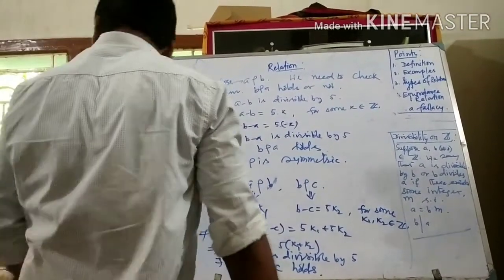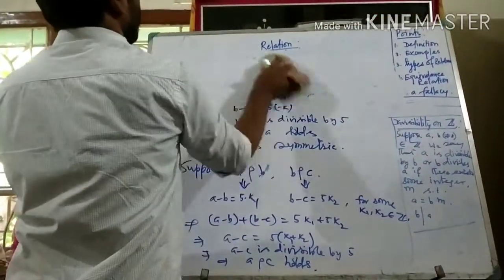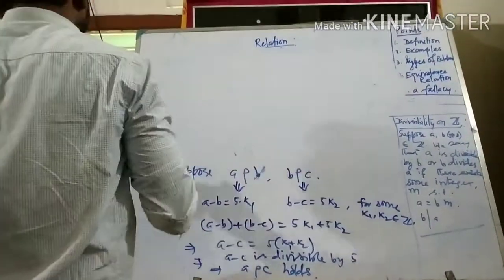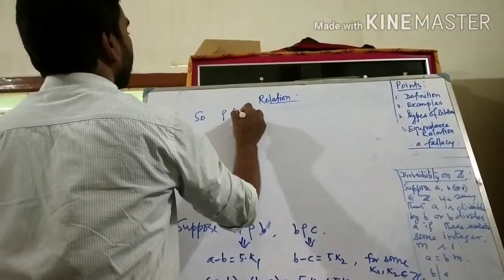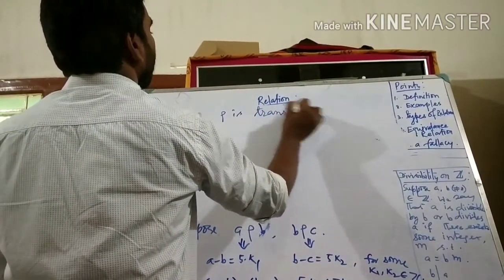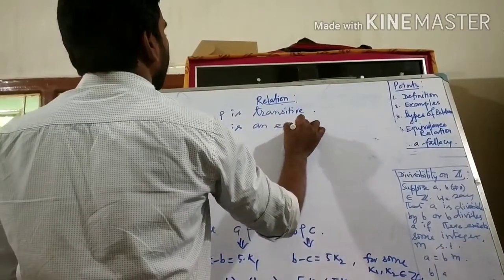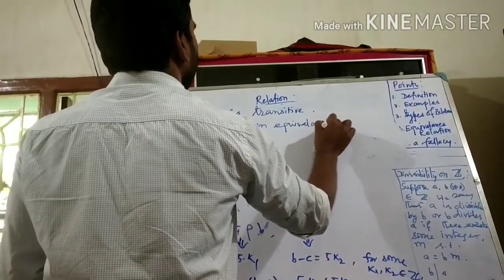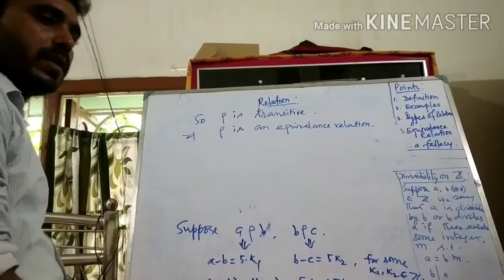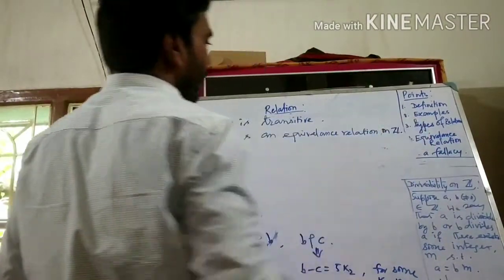So rho is reflexive, transitive. So rho is transitive. And this implies rho is an equivalence relation on the set.